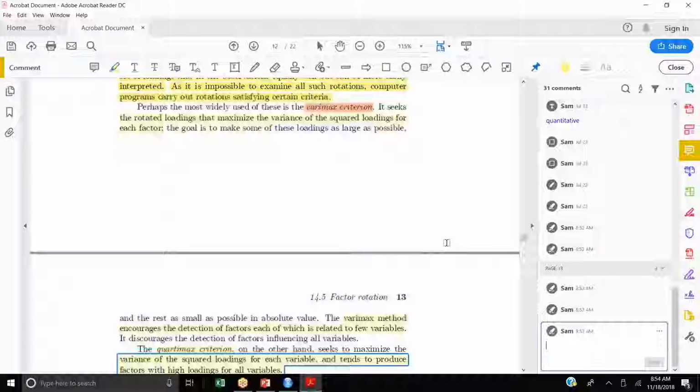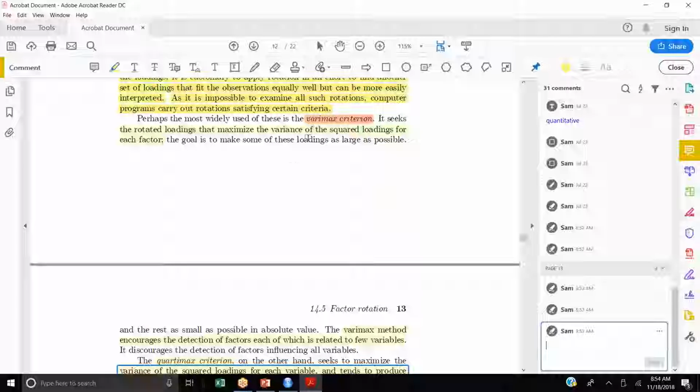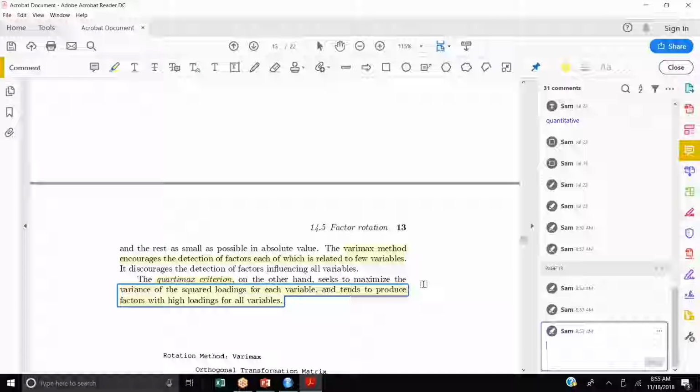Any solution should maximize the squared loadings, but small differences between how it is done subsequent to that, or in the process, is what differentiates the various criteria.